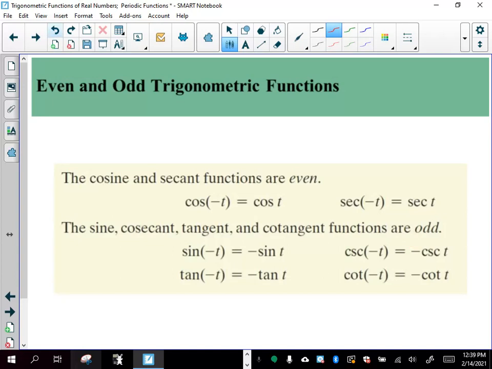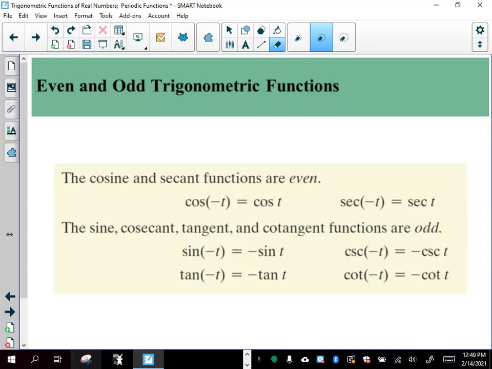So this is just something that you need to keep in memory, because especially when we get to proving things, they're going to throw a negative sign in here to throw you off. That's when you apply your even and odd properties. Cosine is going to be even, which means secant also has to be even because it's its reciprocal.